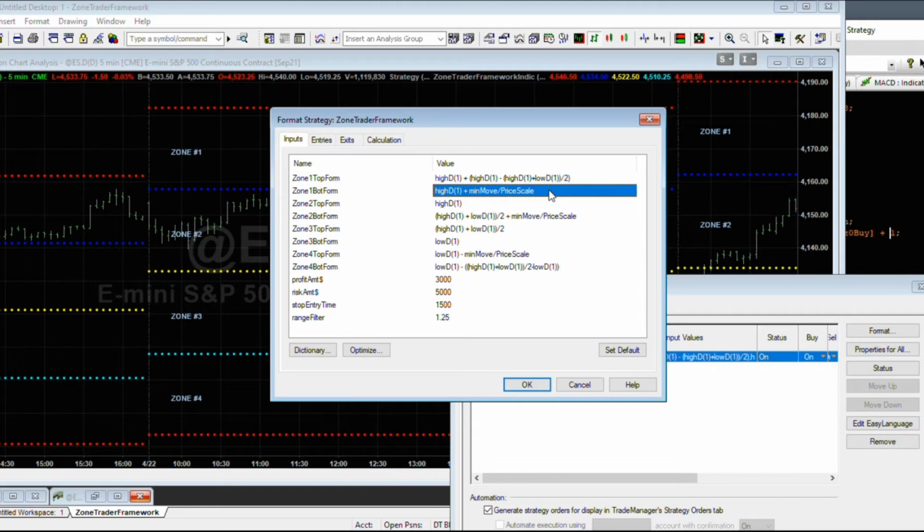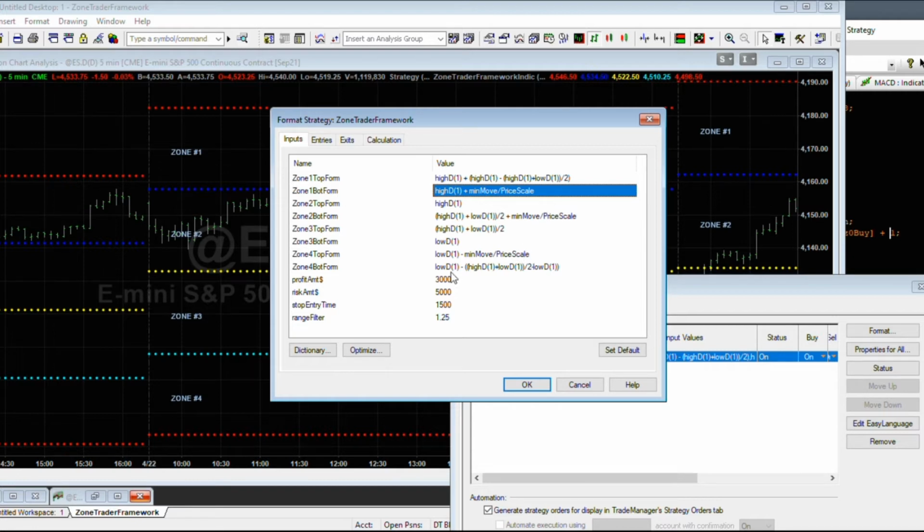I've done a lot of the work for you and a lot of the bookkeeping that goes along with that to determine where the price is currently, which zone it's in, what the zones are that have been crossed thus far in the day, and you can incorporate that into a trading strategy and develop your own zone trading system, zone day traders. And you can use profit objectives and risk amounts.